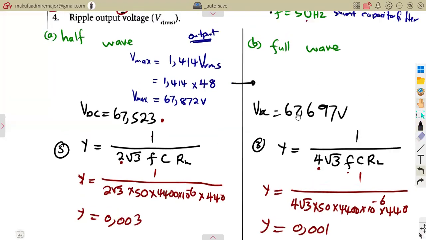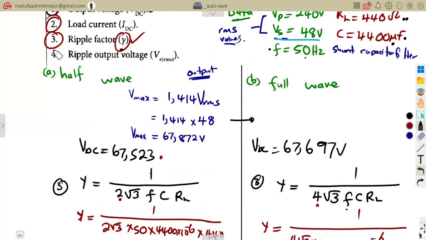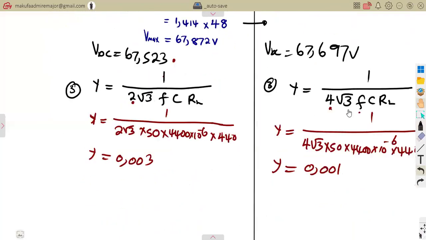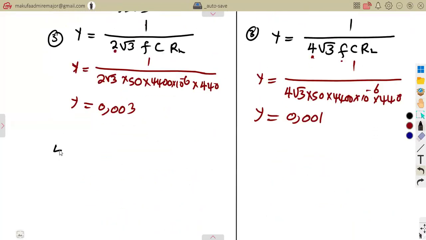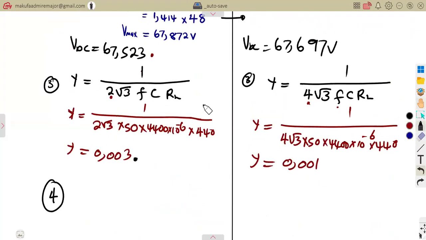All right, then from there, we can now calculate the ripple output voltage, which is the RMS ripple voltage. From which formula? Because we have got the ripple factor and we also have the corresponding VDC. From the formula that we are used to, given as VDC, we can just make this the subject, cross multiply.